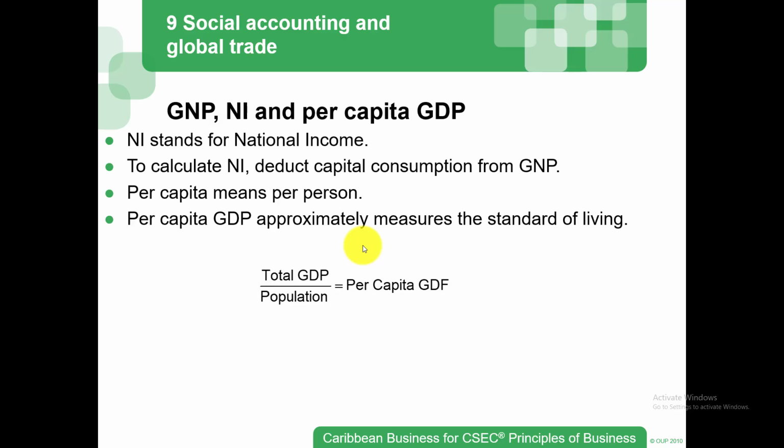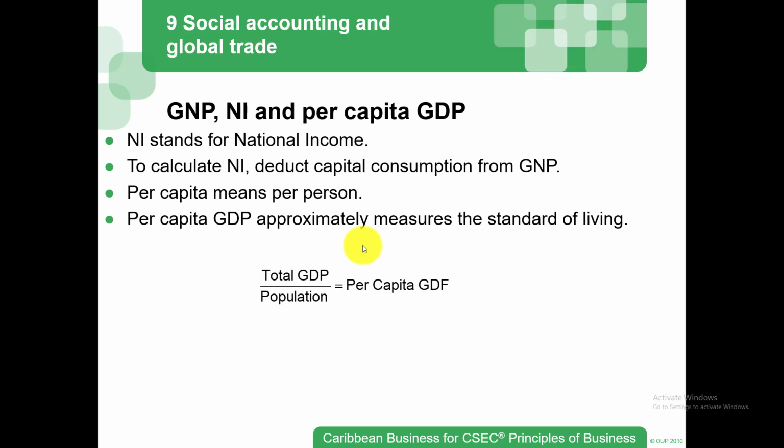In an economics class, GDP and NI tend to be interchangeable, so don't get confused. They are the same. Now, to calculate national income, deduct capital consumption from GNP.